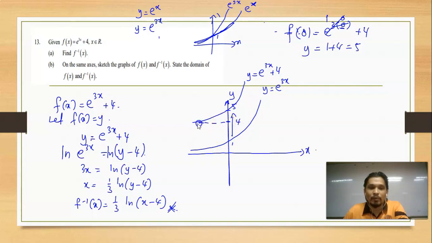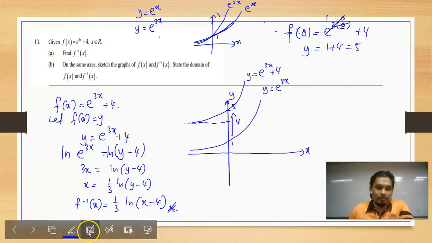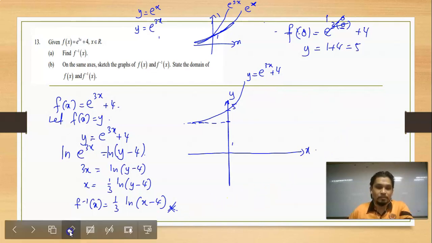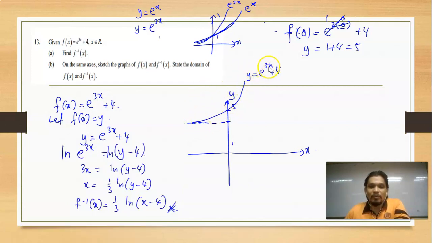Y equals 4 is the horizontal asymptote for the graph. So clear this and clear this one here and here. There you go. Now this is the graph of y equals e to the power of 3x plus 4. This is y equals 4.